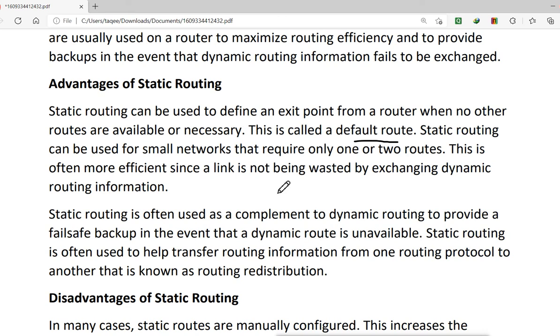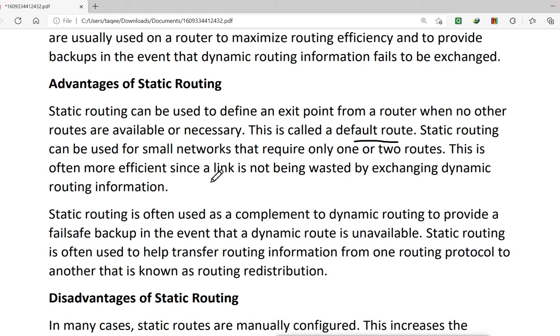Now this static routing is very efficient and very fast, faster than any other dynamic routing protocol. But it is not for the big network. It is for the small network. This static routing is often used as a complement to dynamic routing to provide a fail-safe backup in the event that a dynamic route is unavailable.